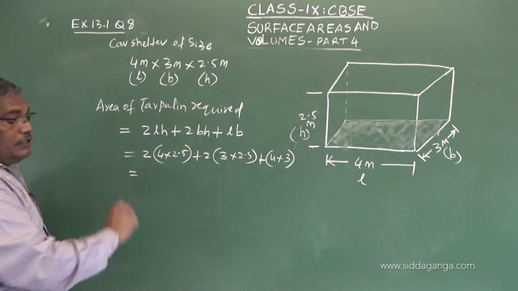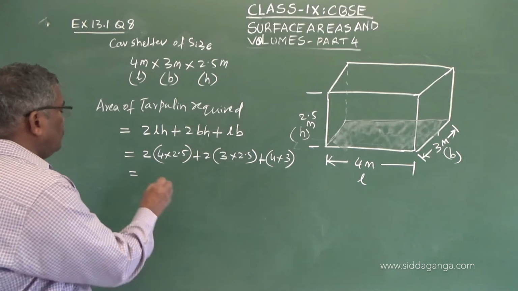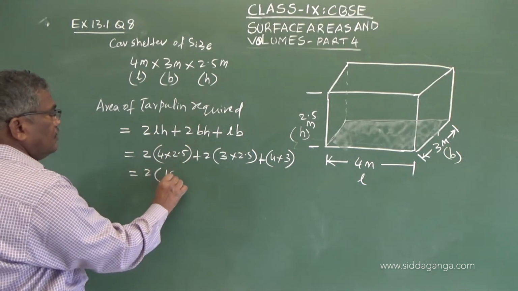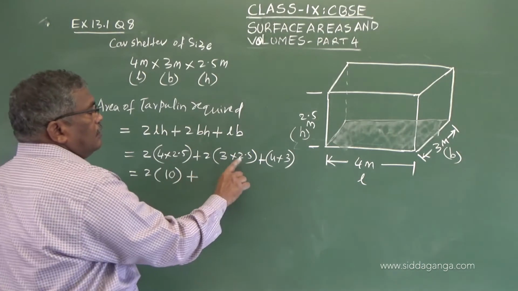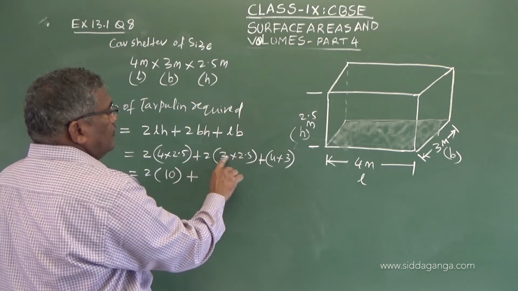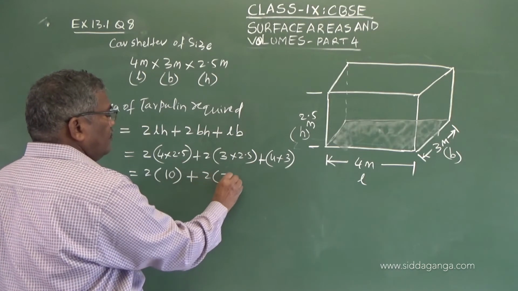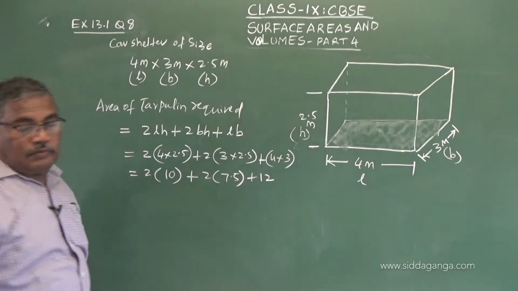So you simplify this. This is 2 into 10 plus 2 into 7.5 plus 12.